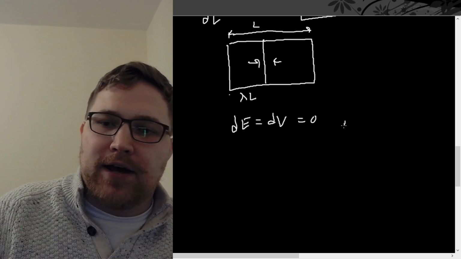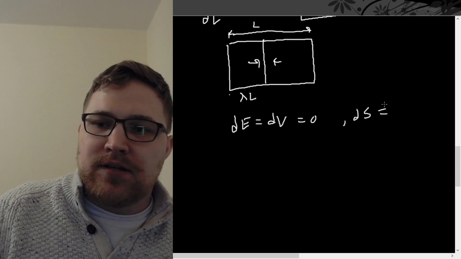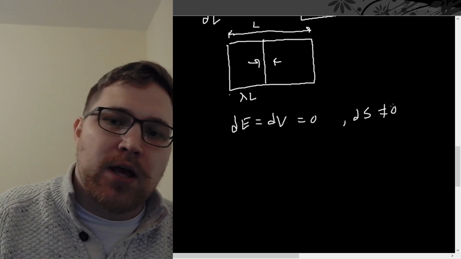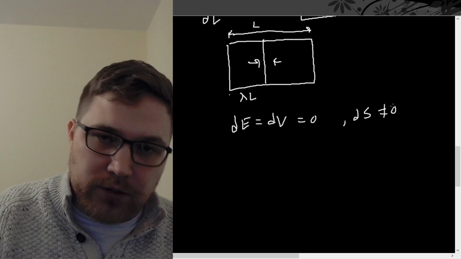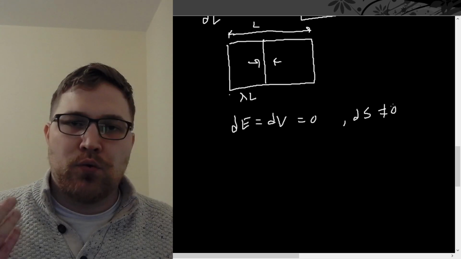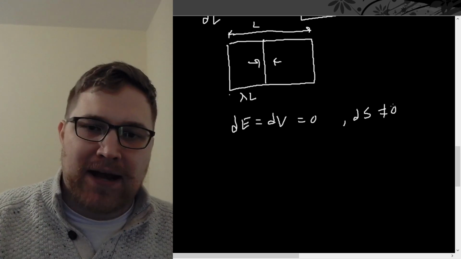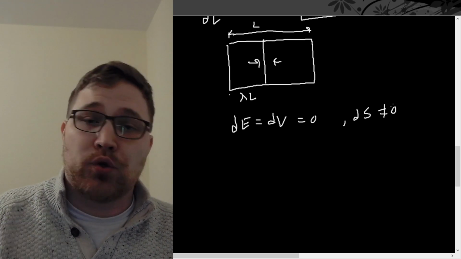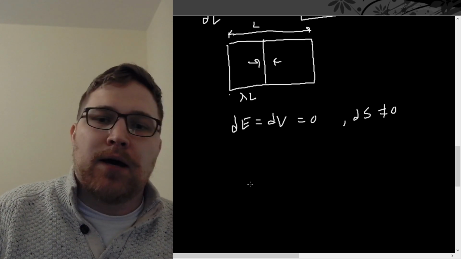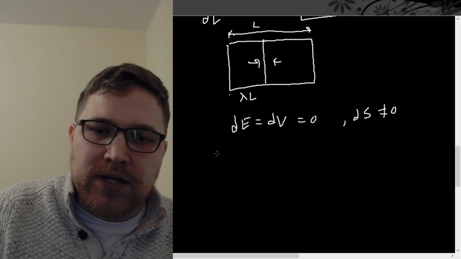We can also have dS not equal to 0 because we will be considering non-equilibrium states for this analysis. So the statement that entropy is maximal with respect to this internal constraint at equilibrium is basically the following statement.